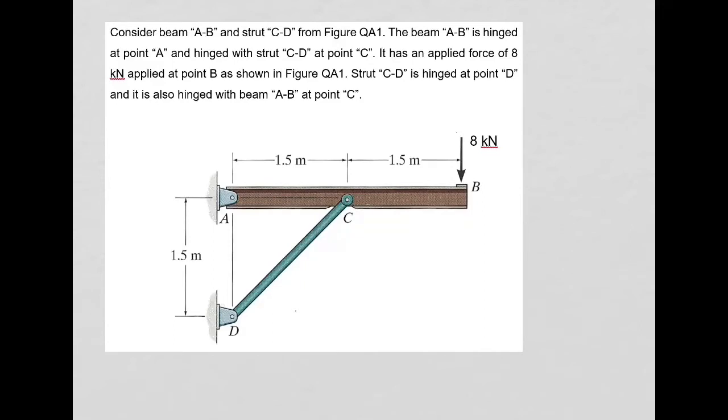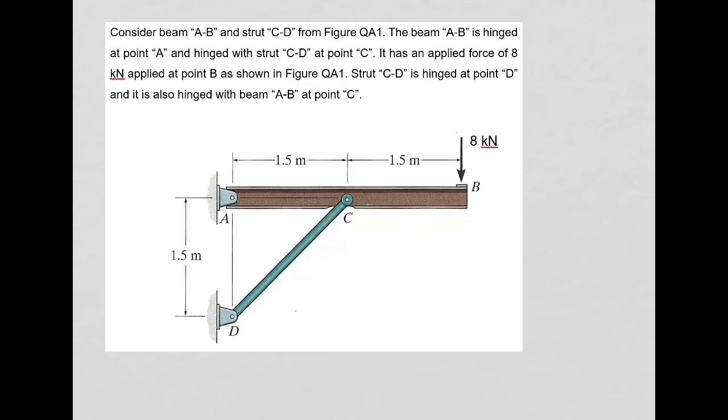As I said, this was question 1 in last year's exam in May. In fact, it was this May. So basically what you have in this example is a beam AB and a strut CD.